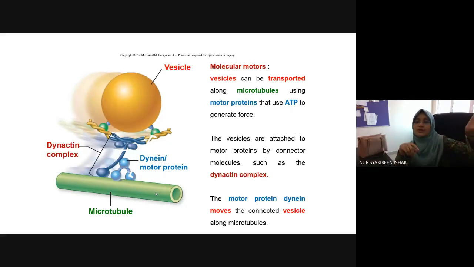Bukannya vesicle tu tak apa-apa dalam fluid of cytoplasm, dia boleh sendirinya berenang daripada ER ke Golgi. Dia mesti ada laluan dia. Okay, laluan dia adalah diprovidekan oleh microtubules. So pergerakan tu requires energy from ATP.